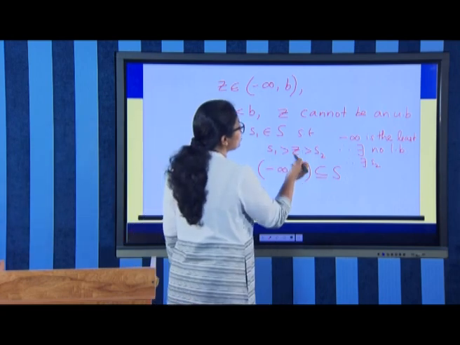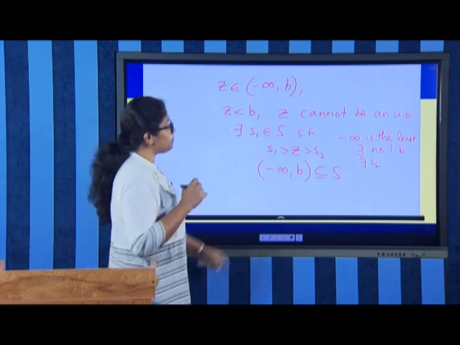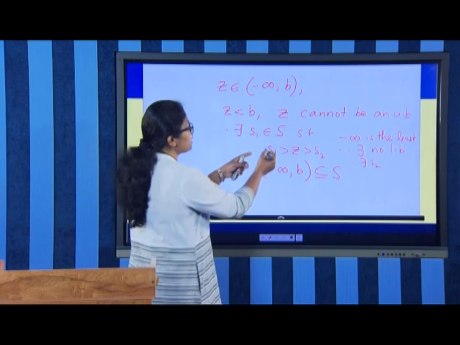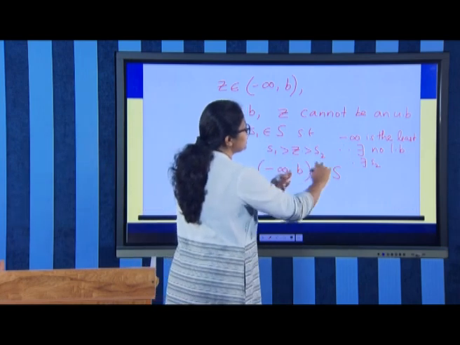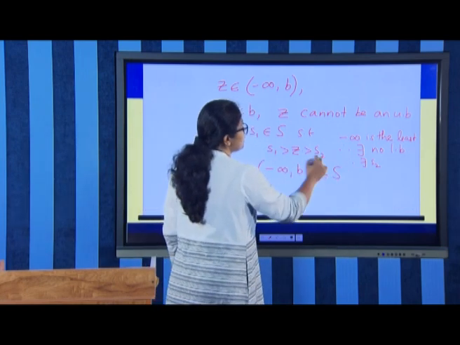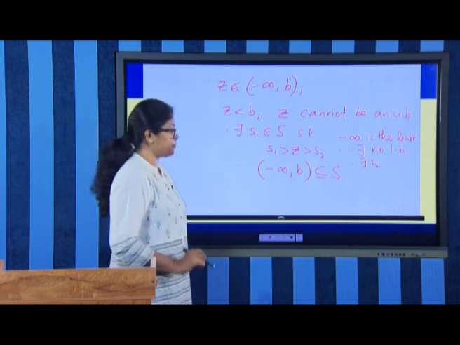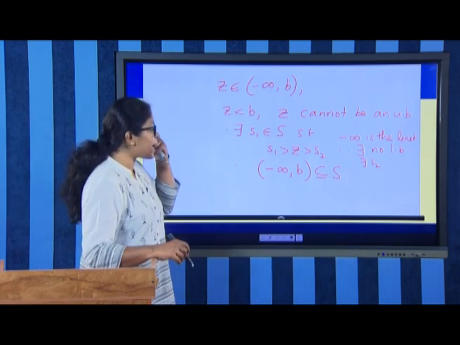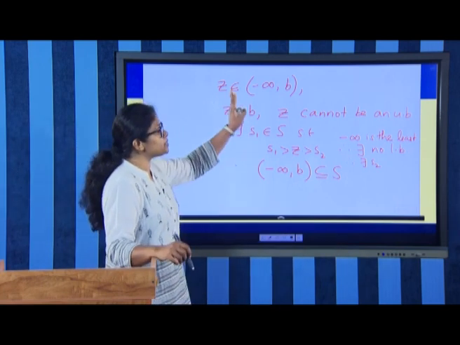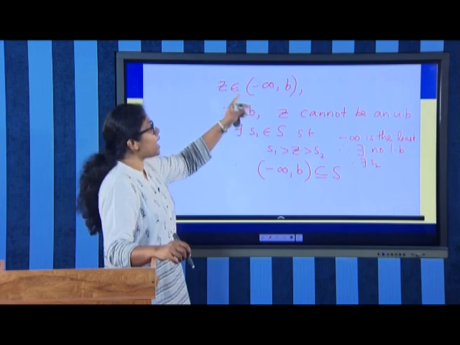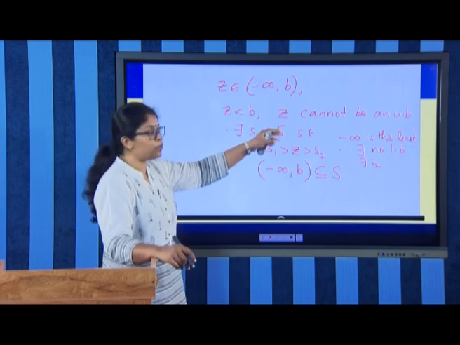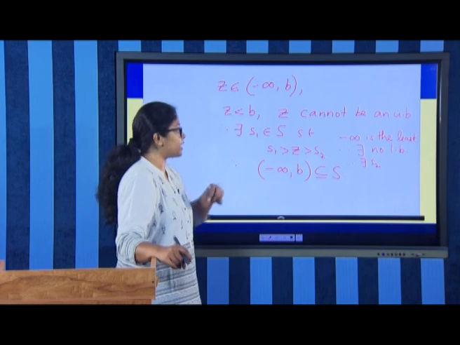So, the similar argument as in the previous case can be applied here also. The interval S1 S2 is contained inside S, therefore, Z is contained inside S. So, we can show that because the set S is not bounded from below, and since B is an upper bound, this is satisfied.